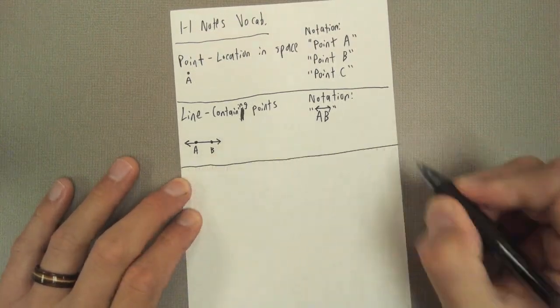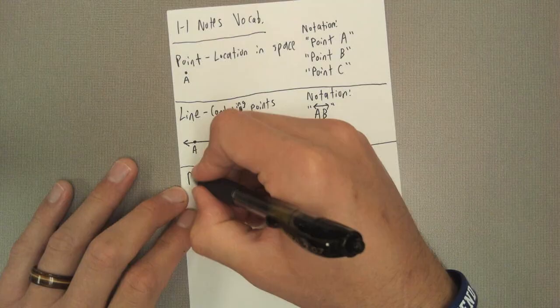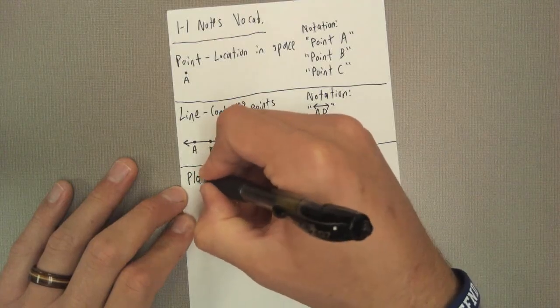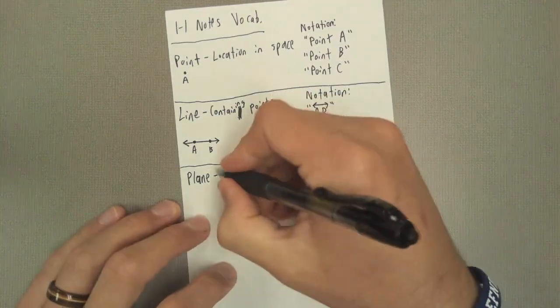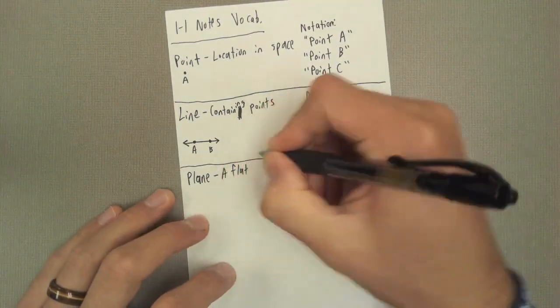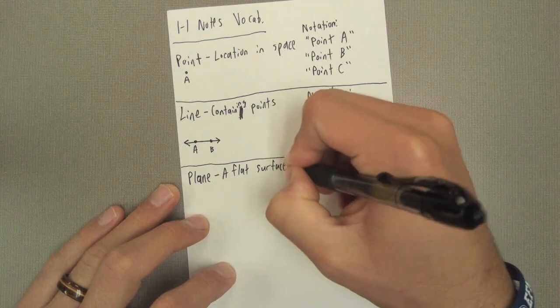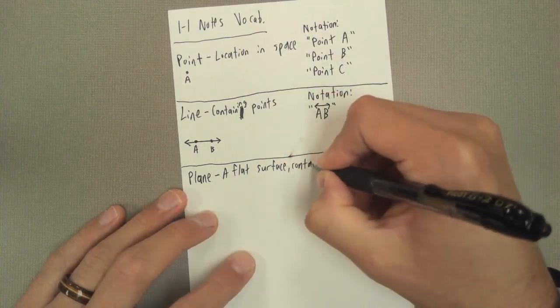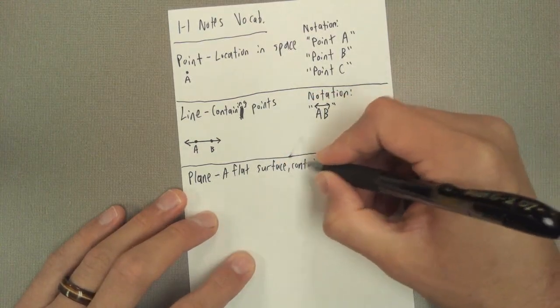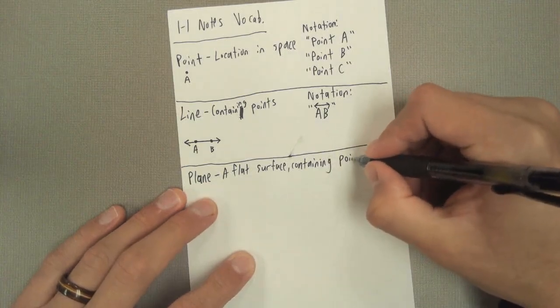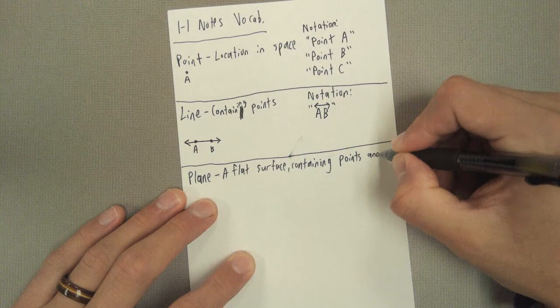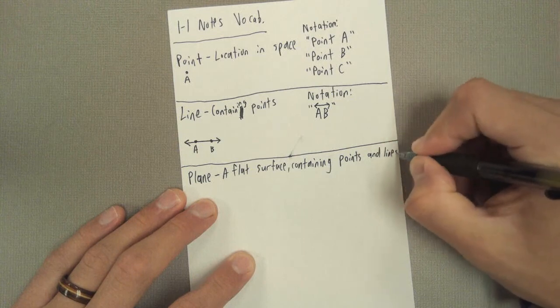Let's go with the third undefinable term, a plane. A plane is essentially a flat surface containing points and lines.